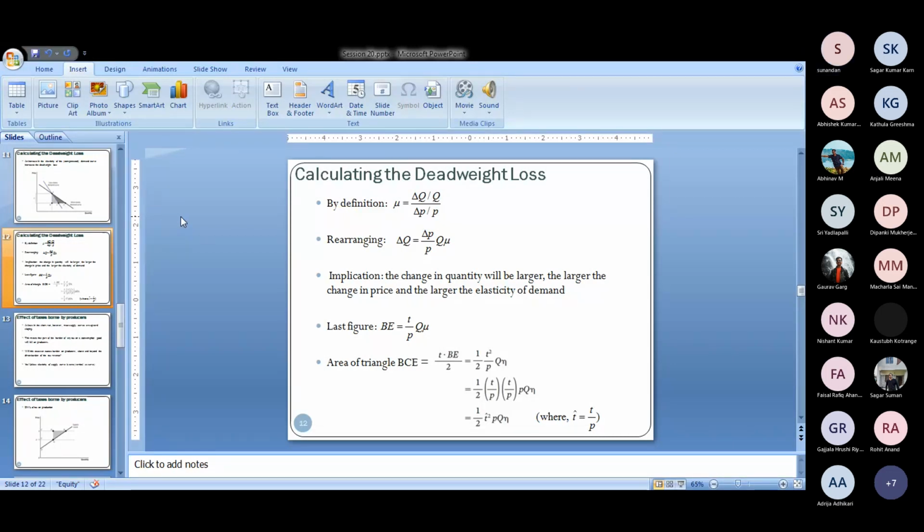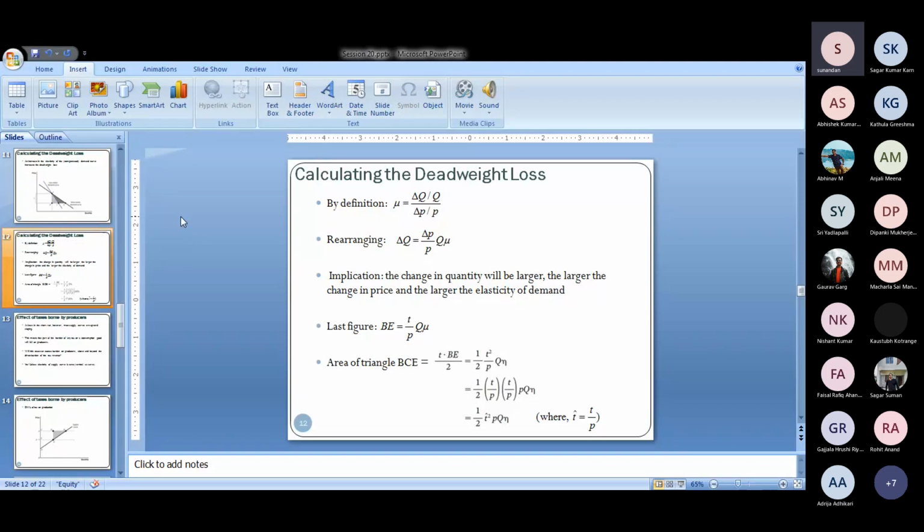So if you increase the tax rate by T, then the deadweight loss will increase not only more than proportionally, but in the squared term. This is exactly what we have found so far using the simple graphs.